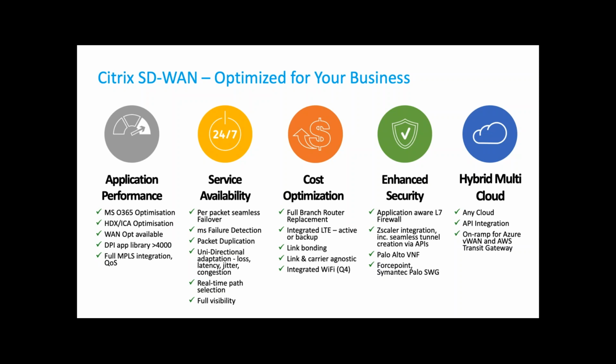Just to elaborate a little bit more on these elements. This slide really is about demonstrating how we at Citrix, through our SD-WAN platform, are looking to meet the objectives and expectations of employees as they return to the office. I touched a lot on performance and service availability being a couple of the key elements that they're going to want to capitalise on coming back into the branch, given their experiences working from home.